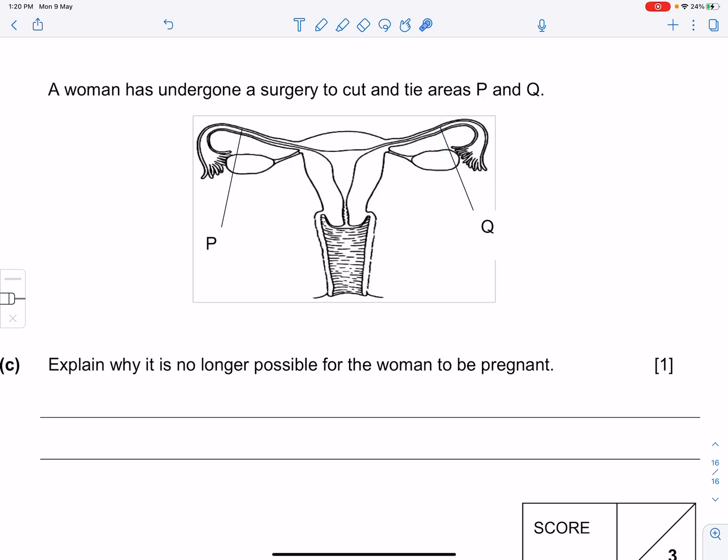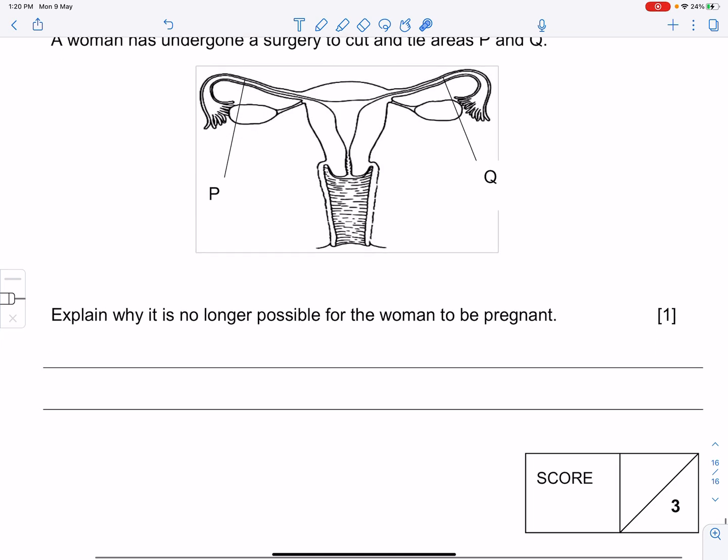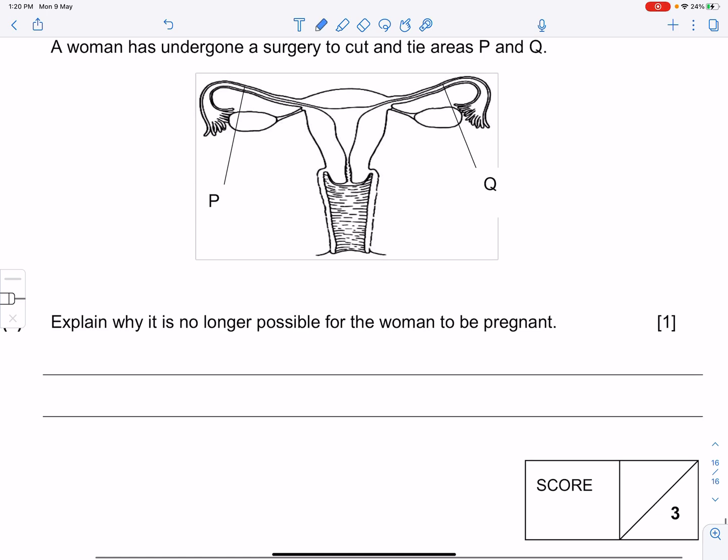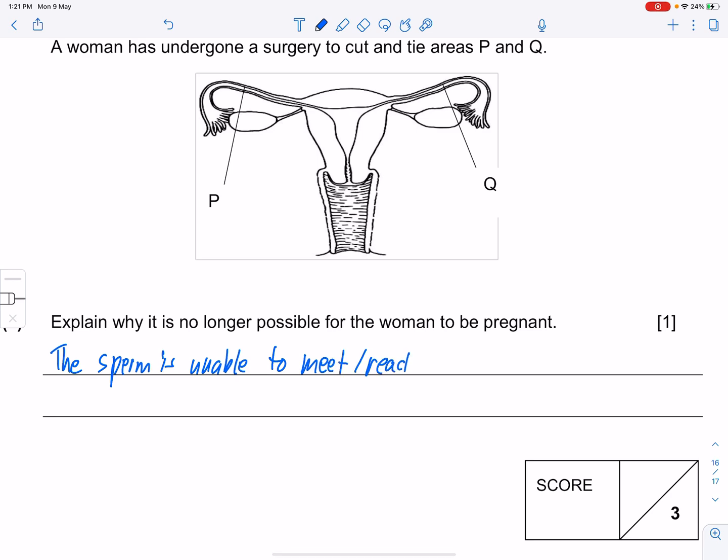Unable to reach or meet the egg for fertilization to occur. I need both. So you must say the sperm is unable to meet/reach the egg for fertilization to take place.